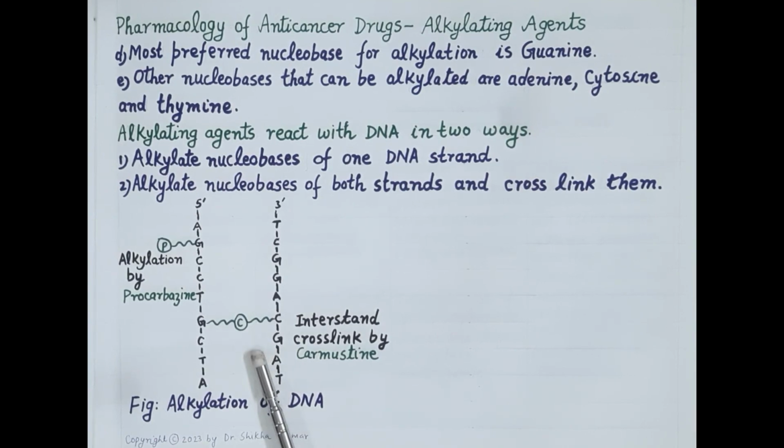It prevents synthesis of RNA, that is transcription, and further it also prevents synthesis of proteins. So this either stops the cell growth or it results in the cell death. So this is how alkylating agents prevent excessive multiplication or proliferation of cancerous cells.